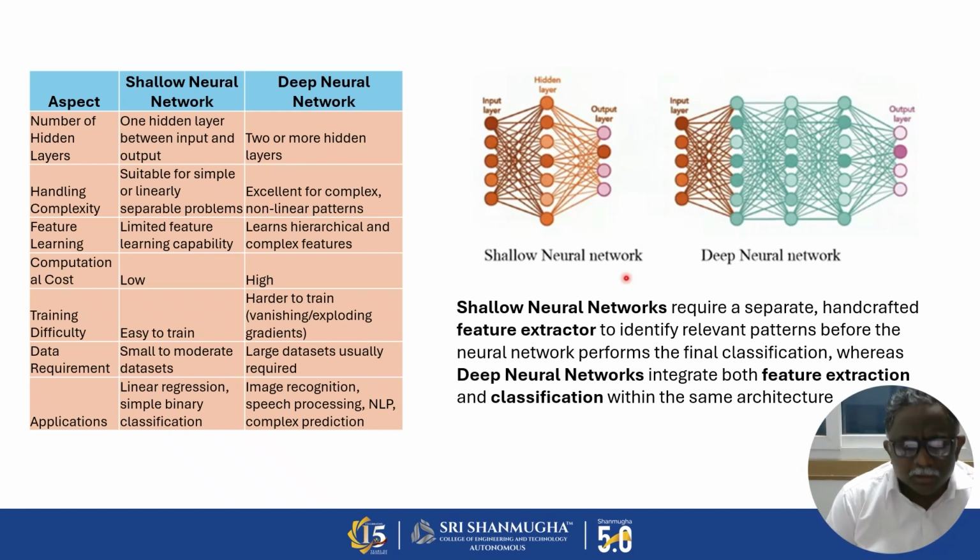For image recognition, speech recognition, and NLP-based work, we go for the deep neural network. In terms of the working principle, a shallow neural network uses a feature extractor, whereas a deep neural network does feature extraction and classification within the same architecture. So that is the way it works.